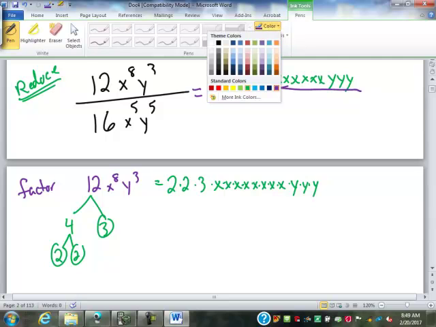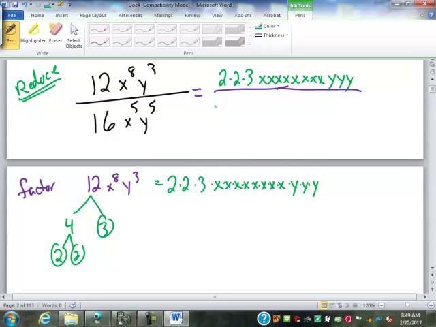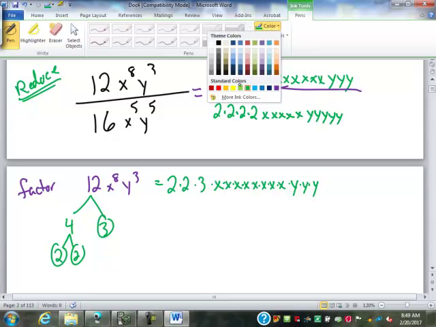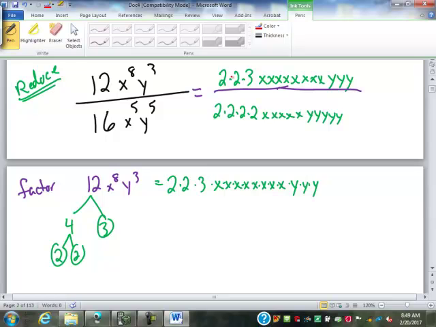16, if I factor it, if I do the same thing, 16 is 2 times 2 times 2 times 2. X to the 5th is 5 x's. Y to the 5th is 5 y's. So if I go to reduce here, I cancel out a 2 and another 2.